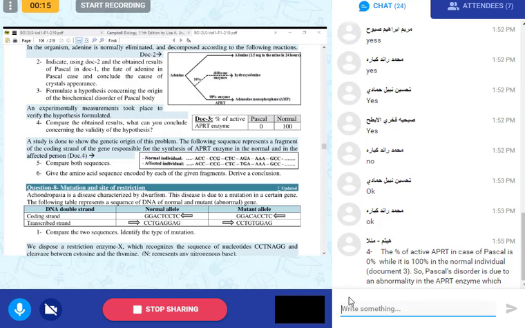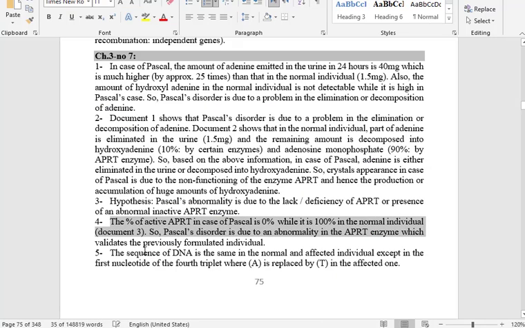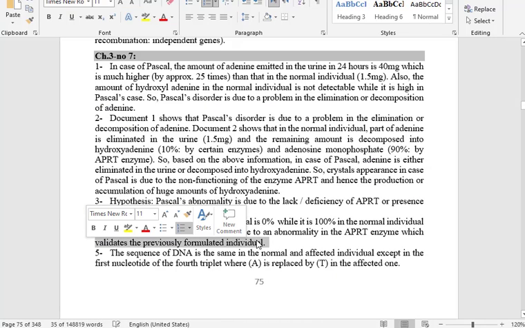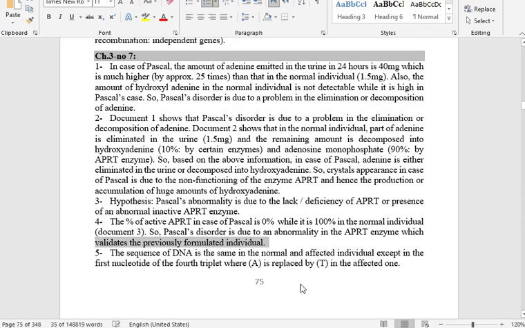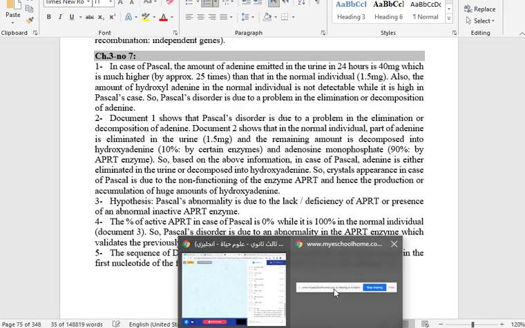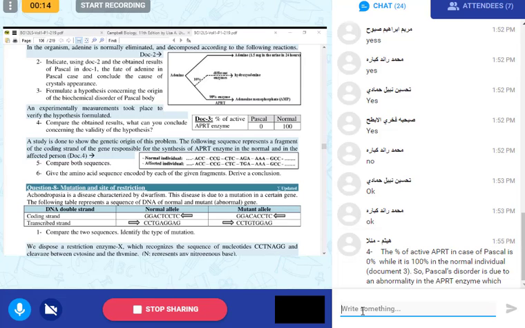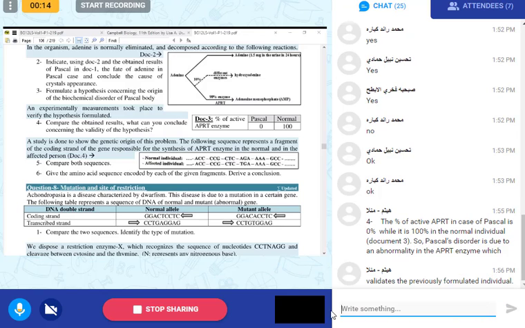So Pascal's disorder is due to an abnormality in the APRT enzyme. Validate the previously formulated hypothesis.